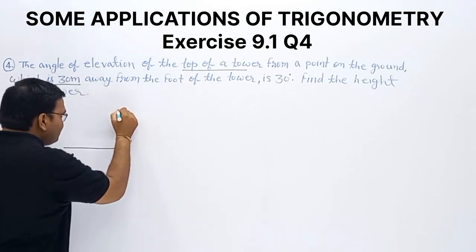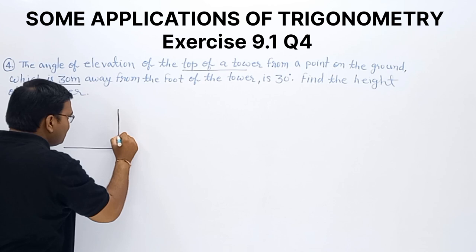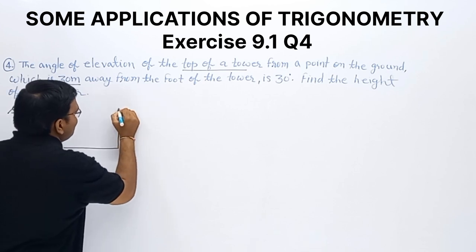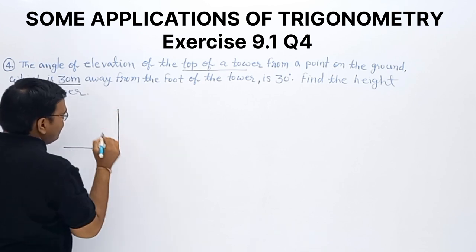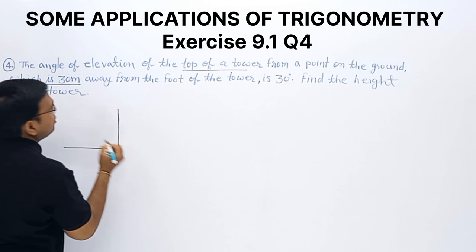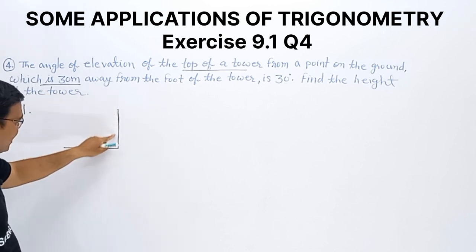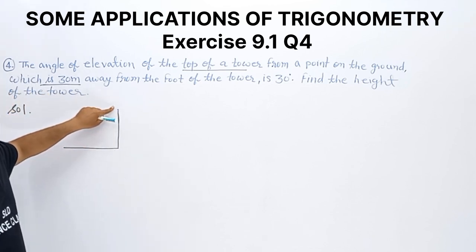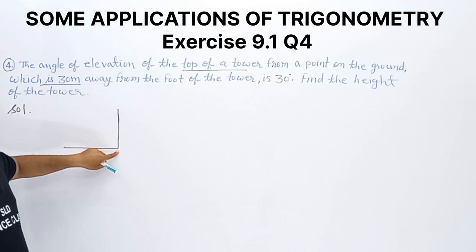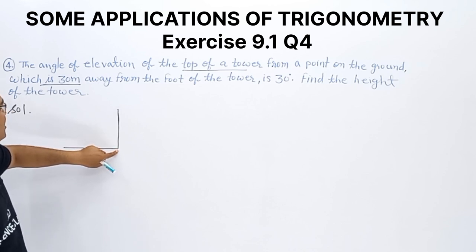Observe, this is the very important statement. This is the tower. Its top is this one. This is the top point. This is the foot. We are having the tower. Its top is this one, and its foot is this one. Clear? The base of this tower is this one.